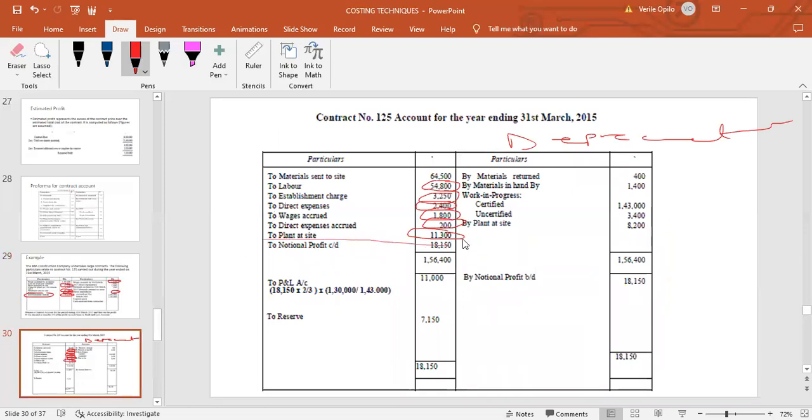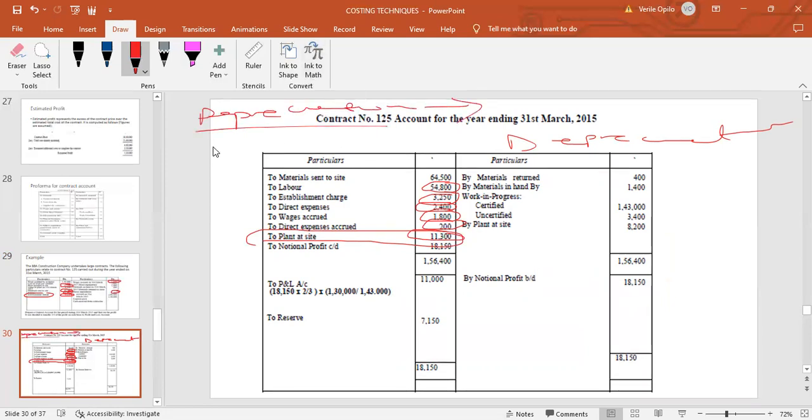That is the cost of the plant to the business. Sometimes an organization can decide there are two approaches. You can either include the depreciation expense, or alternatively, you can include the entire amount. In this case, we have included the entire amount of the value of the non-current assets. Either of them is acceptable.